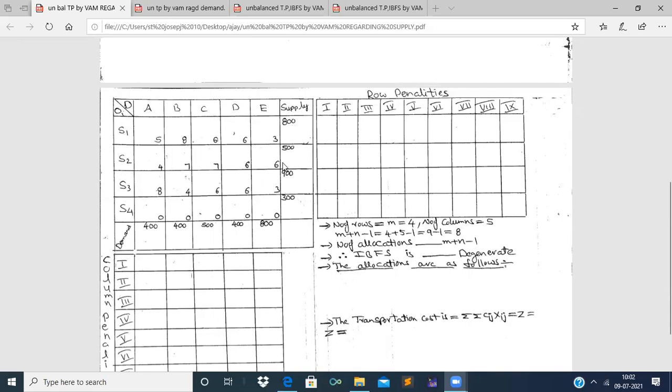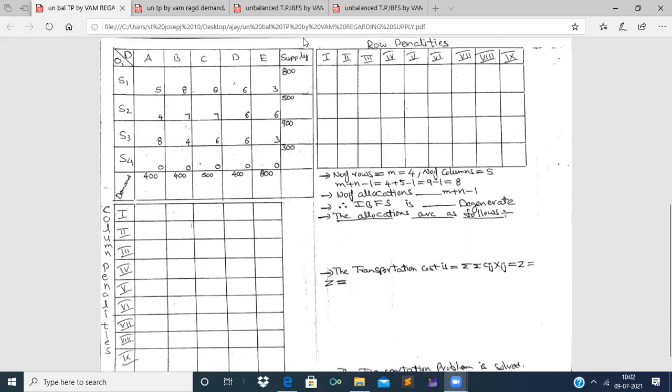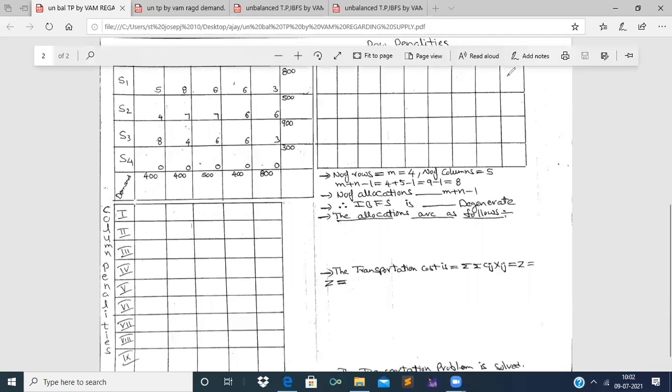I'm facing the problem of space. So now, see here, I have taken 9 sets of row penalties and 9 sets of column penalties. Now let us fill up the first row penalties and the first column penalties.